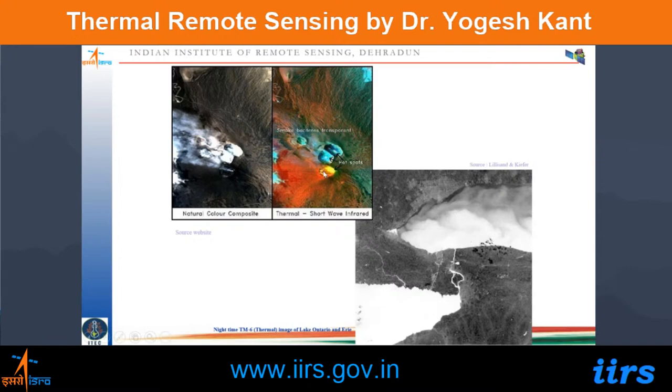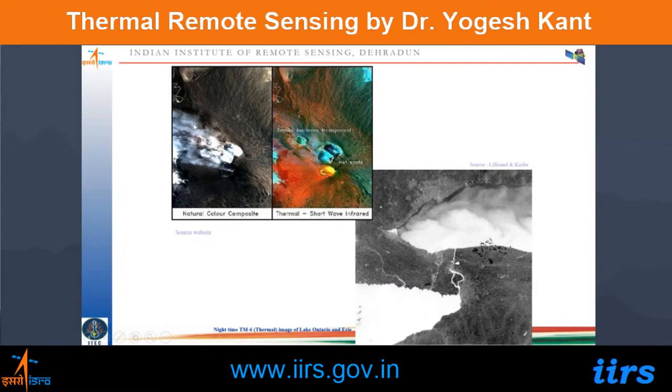So we have to use around 3 to 5 microns. And that is Wien's law: as temperature increases, the maximum will shift towards the shorter wavelength. So here we can easily see this is the vent and these are the smoke, and how lava is being distributed and from which direction it is moving.